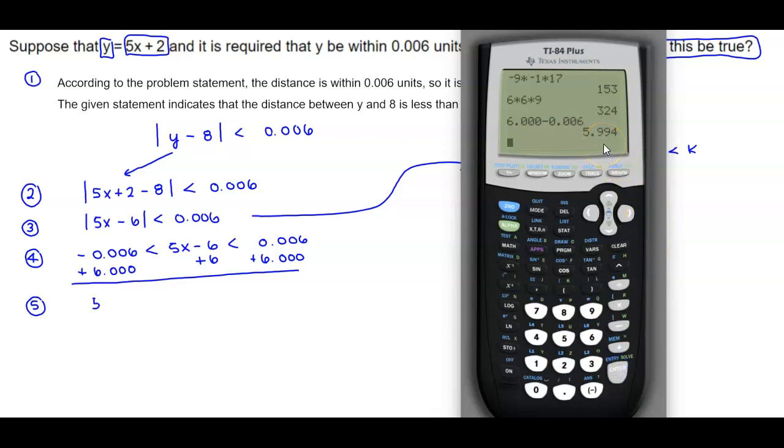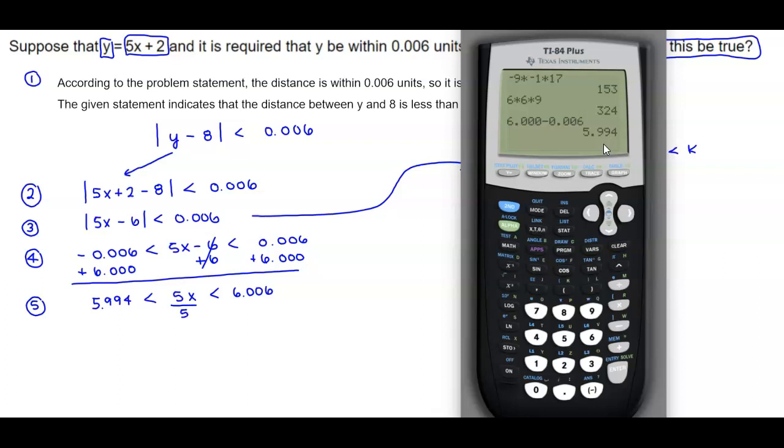So we have 5.994, which is less than 5x, and that's going to be less than 6.000 plus 0.006, which is 6.006. And now we need to divide everything by 5.